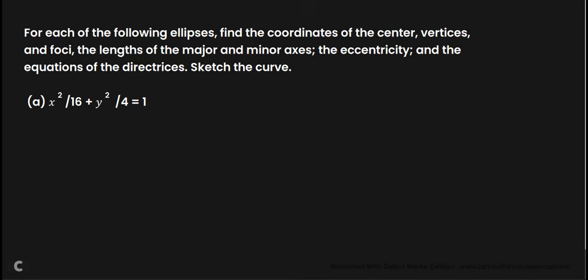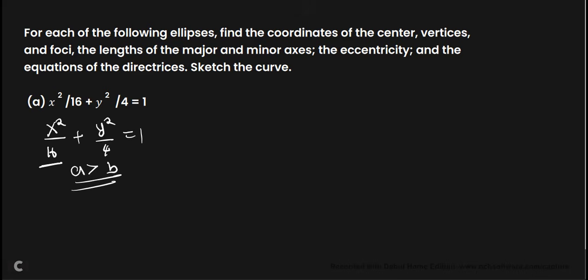If you see you have an equation x squared over 16 plus y squared over 4 equal to 1, whenever you see something like this, we already discussed that a is supposed to be greater than b.